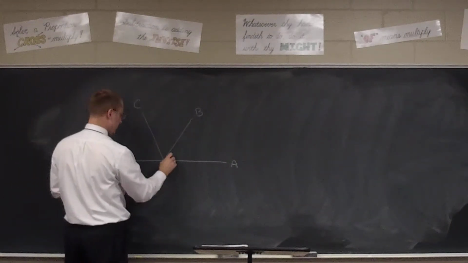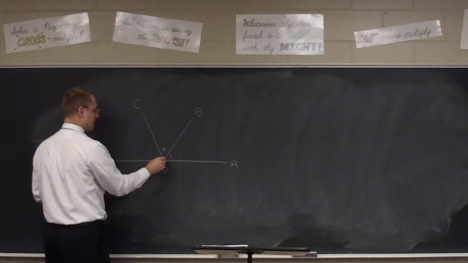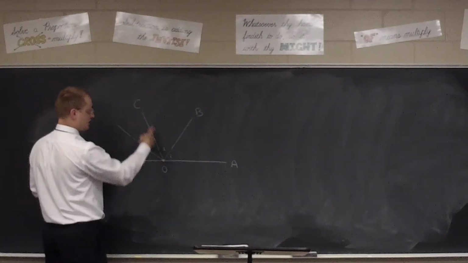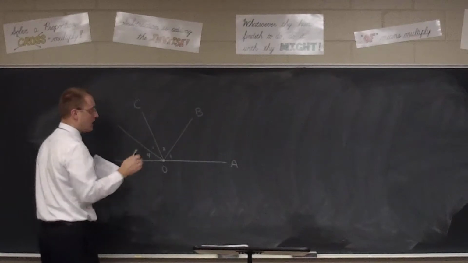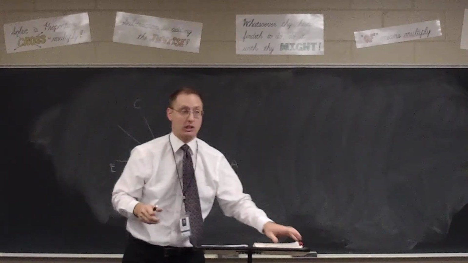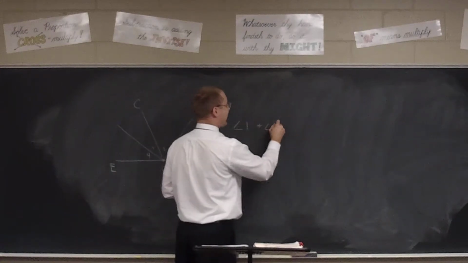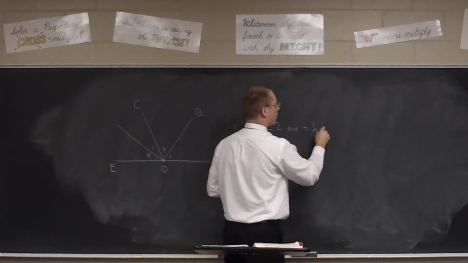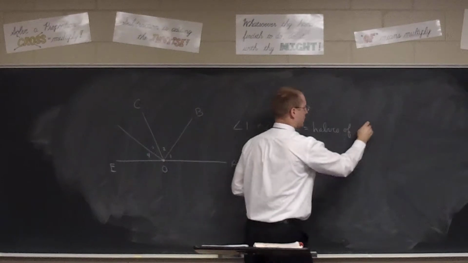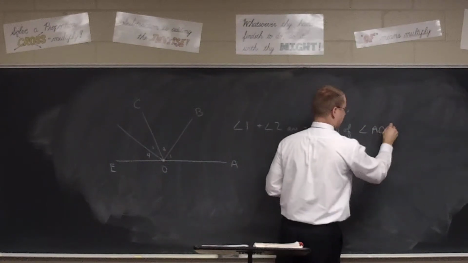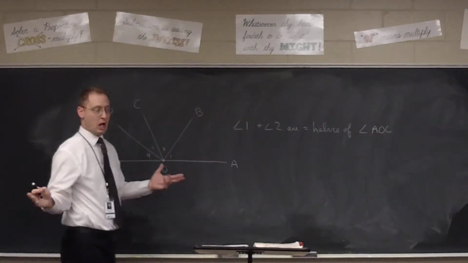So I'm going to call this angle 1 and angle 2. And we've also bisected angle COE. We'll call this angle 3 and angle 4. So based on the definition of a bisector, we know that angle 1 and angle 2 are equal halves of angle AOC. Correct?